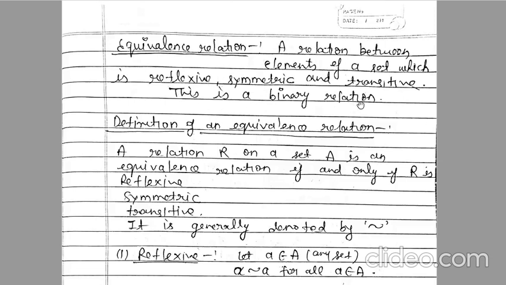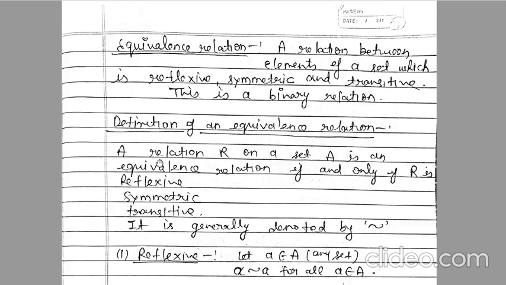If all three conditions are satisfied, then we can say that the relation is called an equivalence relation. That means for an equivalence relation, these three conditions must be satisfied: reflexive, symmetric, and transitive. These are the three properties of equivalence relation.